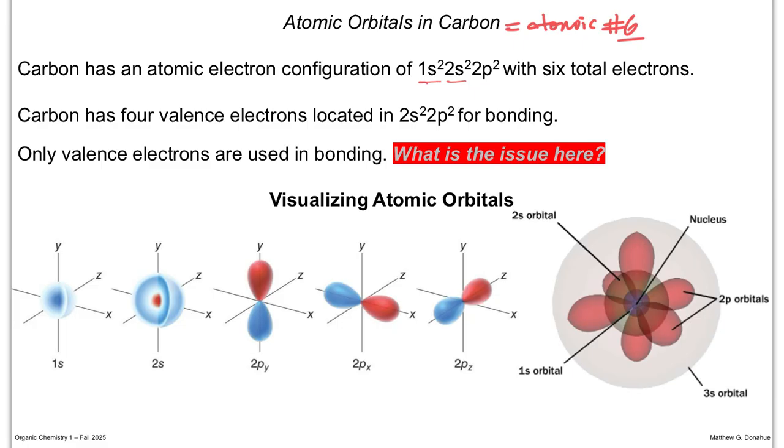What was the rule of filling atomic orbitals? You can't spin pair them if there are degenerate orbitals, so they have to go in one by one before you go back and start spin pairing them.